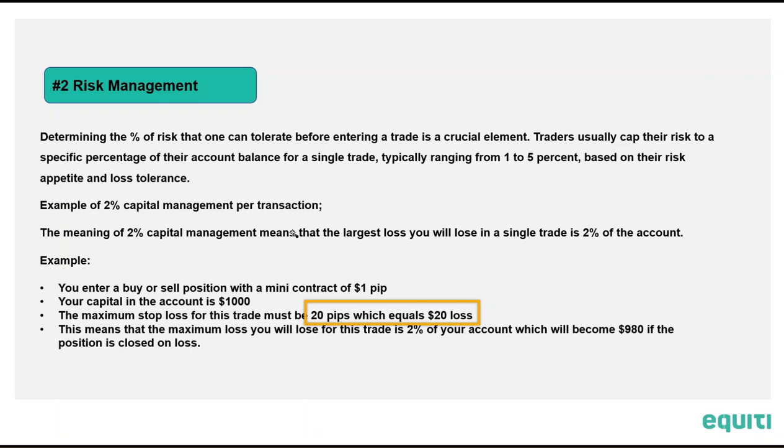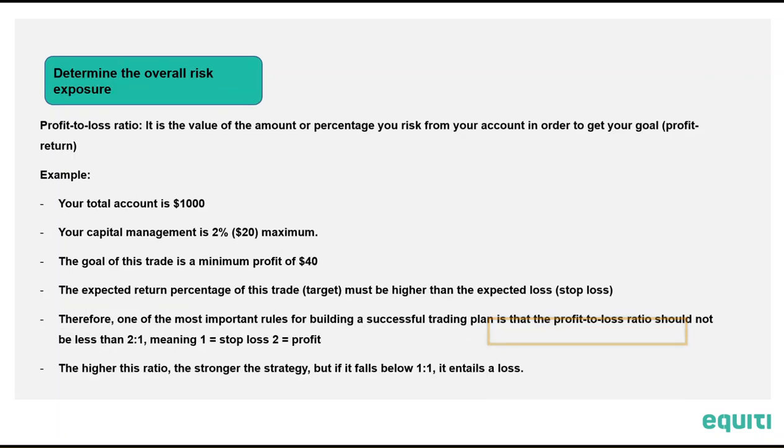That is assuming that you're not trading with any leverage. This means that the maximum loss you will take for this trade is only 2%, and this is how you go on further by assessing how much risk you can actually tolerate. So if your account loses 2%, then you will have only $980 in the account.